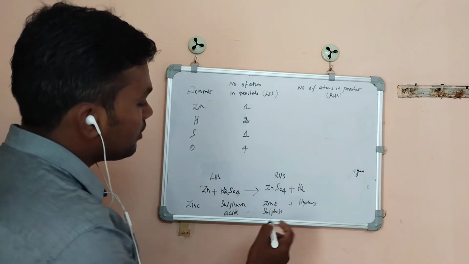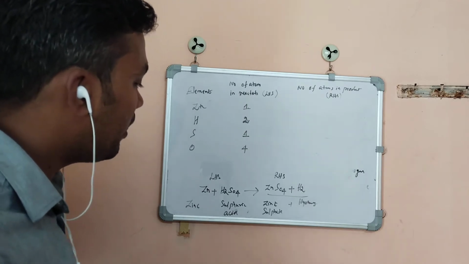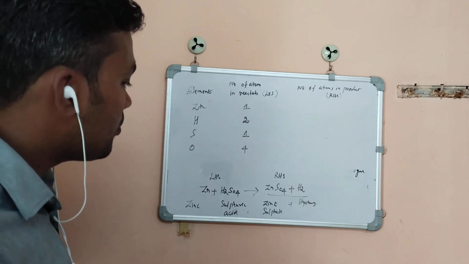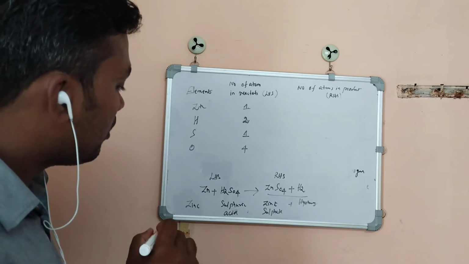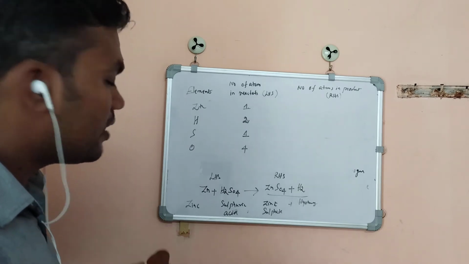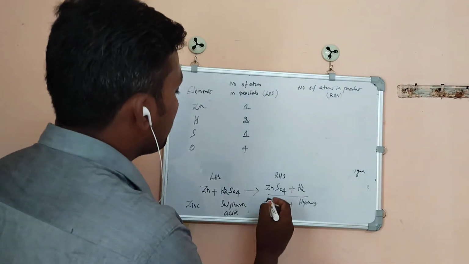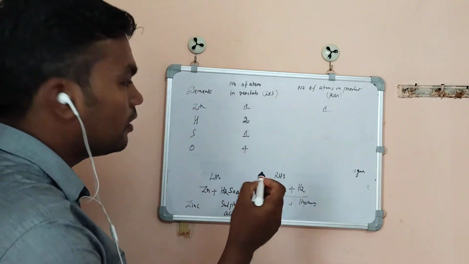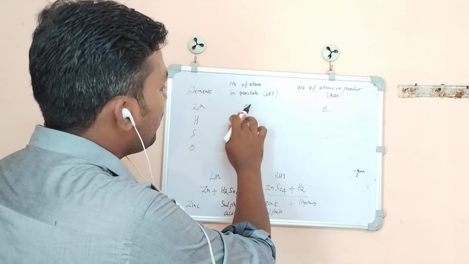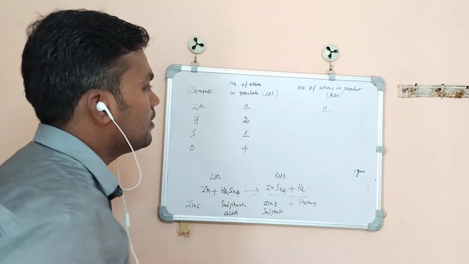In the case of the product side, you can count and compare the number of atoms, whether it is equal to the number of atoms present in the reactant side. Okay, now let us count how many zinc are present here. 1 zinc is present. That means the total number of atoms in the reactant side as well as the product side are balanced.